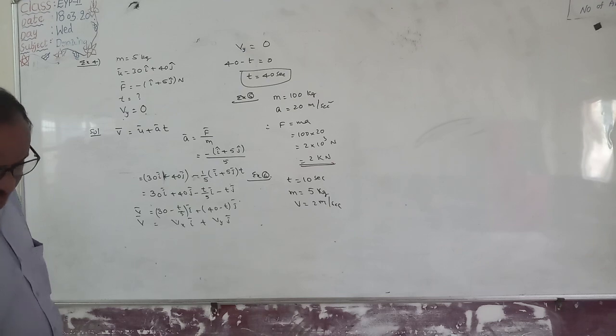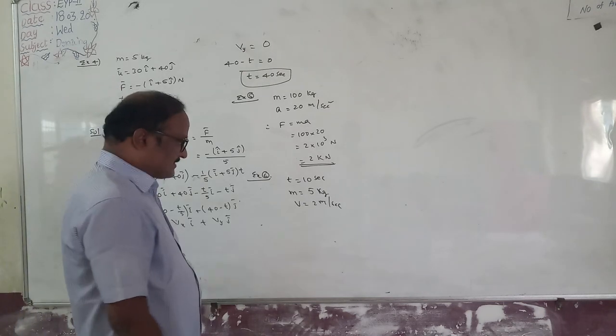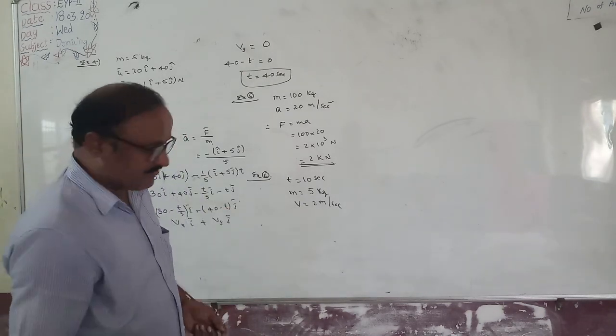As a result, the body acquires a velocity of 2 meter per second. Final velocity is equal to 2 meter per second. Then find the force. Do you understand the problem?